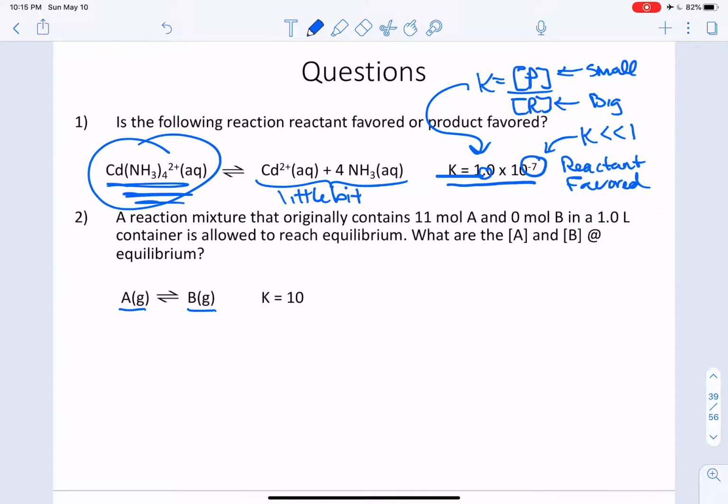Okay, so if we look at this reaction and our K value, it looks like we're missing some information. We can see that K is equal to 10, so that means it's probably reactant favored or product favored, you guys. Well, it's a lot greater than 1, so it's product favored.